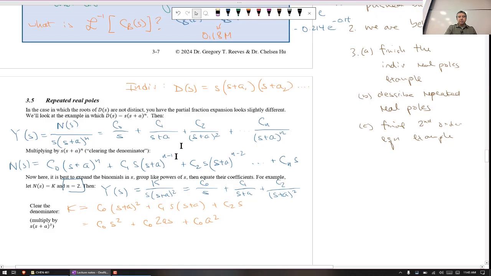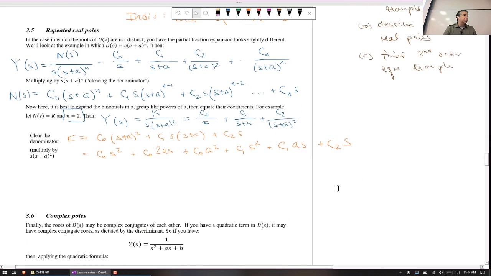If I expand out this second term, so distribute s over the s plus a, I get plus C1 s squared plus C1 times a times s, plus C2 s. So now I don't have any more parentheses in my problem. I've distributed everything. And now what I can do is group everything according to like powers of s.